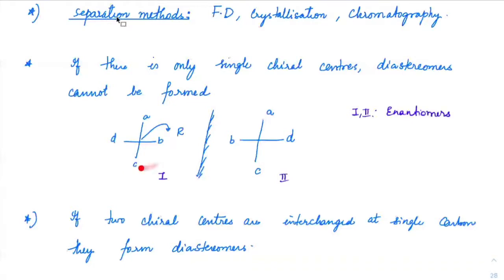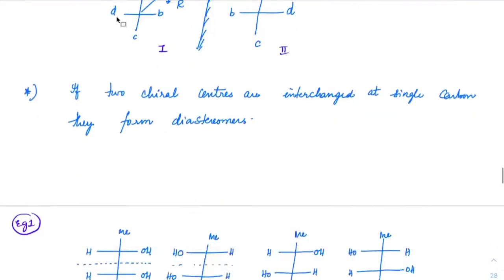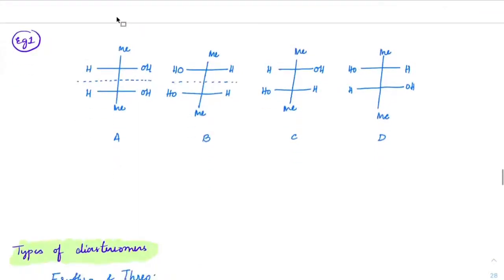In case of a single chiral center, diastereomers cannot exist. But if there are multiple chiral centers, then diastereomers will come into existence. So if you have two chiral centers, then interchanging the configuration at one carbon leads to diastereomers. That is how we get diastereomers in multiple chiral centers.